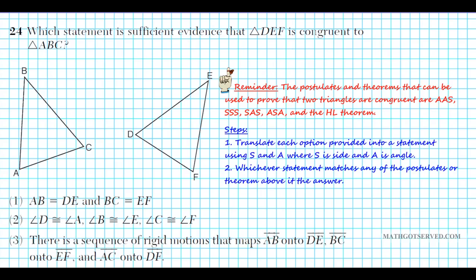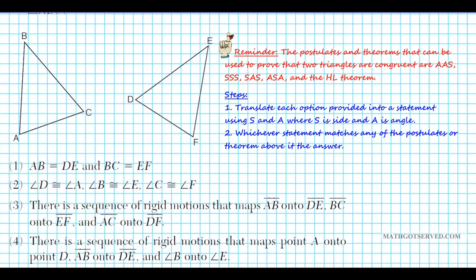Now, a real quick reminder is that the postulates and theorems that can be used to prove that two triangles are congruent are AAS, SSS, SAS, ASA, and the HL theorem. All these symbols basically mean that the sides are congruent and the angles are congruent. Okay, and following the order.